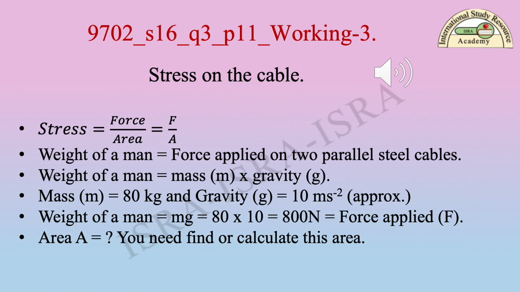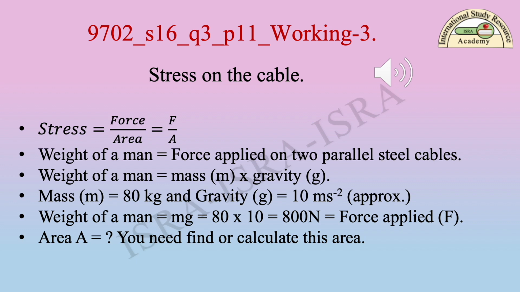Working step 3. Stress on the cable. Stress is equal to force upon area. This is equal to F over capital A. Weight of a man is equal to force applied on the two parallel steel cables. Weight of a man is equal to mass small m times gravity small g.